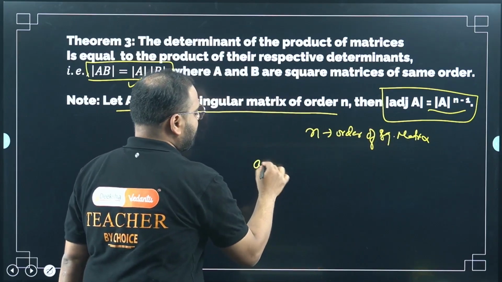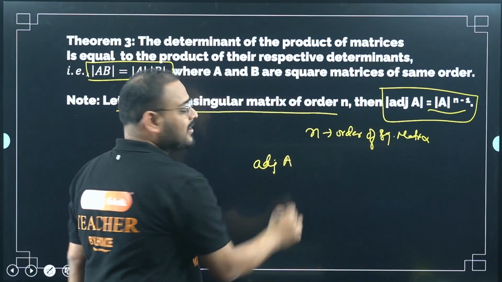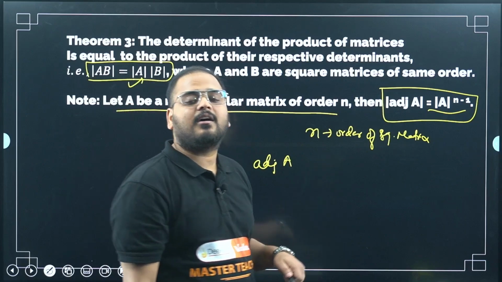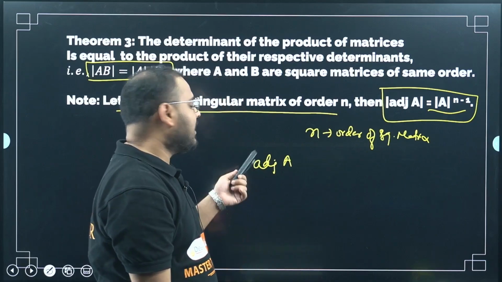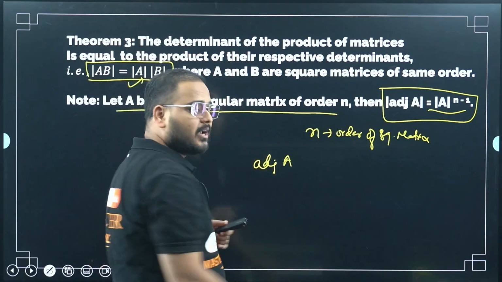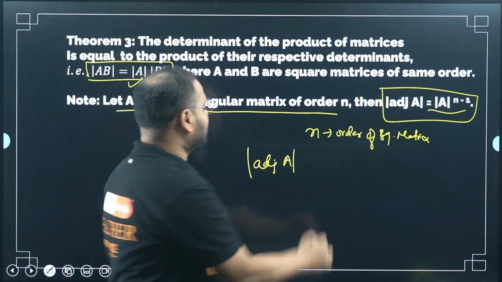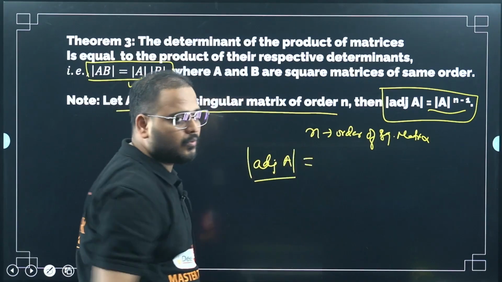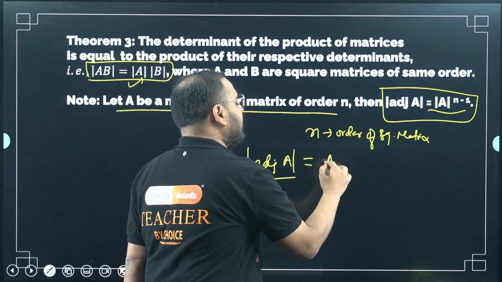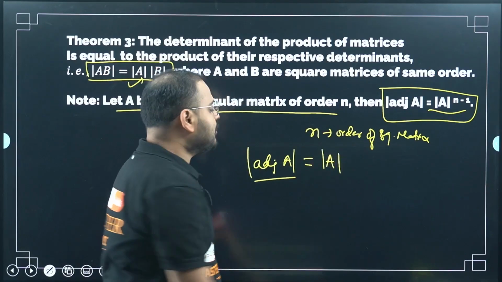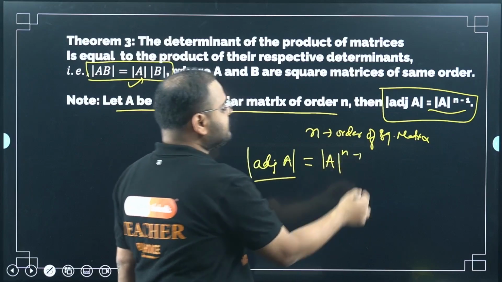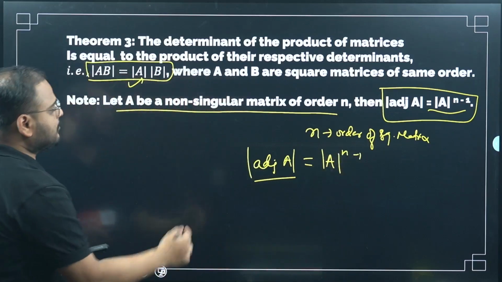If you find the adjoint of A, how do we do that? Take the elements of A, find all the cofactors of each element and take the transpose of that. You'll get a matrix of the same order, and if you take the determinant of that, it will be a scalar value, correct? Then this will be the determinant of A to the power n minus 1. We'll see in the questions again.